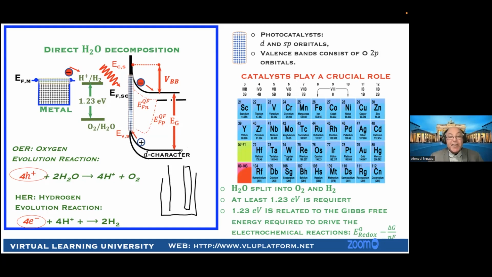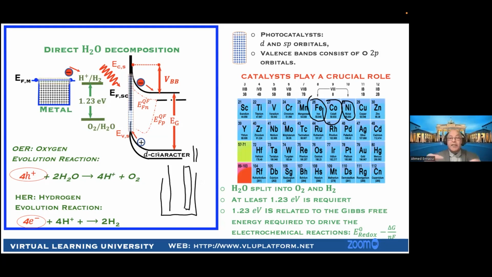And I show you here a valence band with D character. This means it's a semiconductor where, if you look at these pieces of the Mendeleev table, maybe it's a material with iron or cobalt or nickel in combination with oxygen maybe, or chalcogenides, etc. That's why we have a valence band where there is a D character.